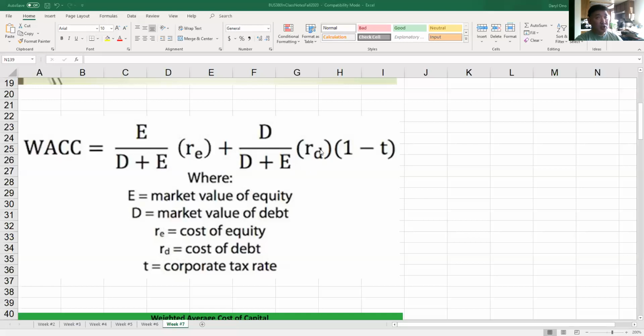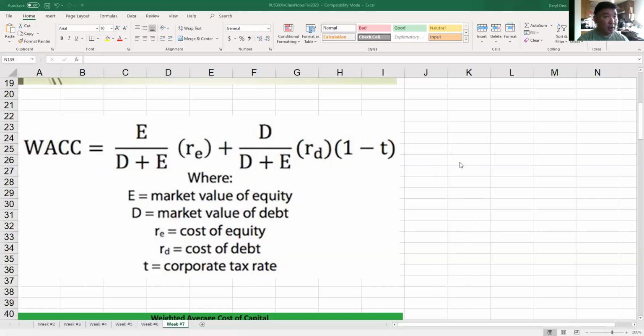RD is the cost of debt. 1 minus T is the tax rate factor. You see this portion here plus this portion here, and it has to add up to 100%. This is going to give you a percentage, and this is going to give you a percentage. This plus this has to add up to 100%.